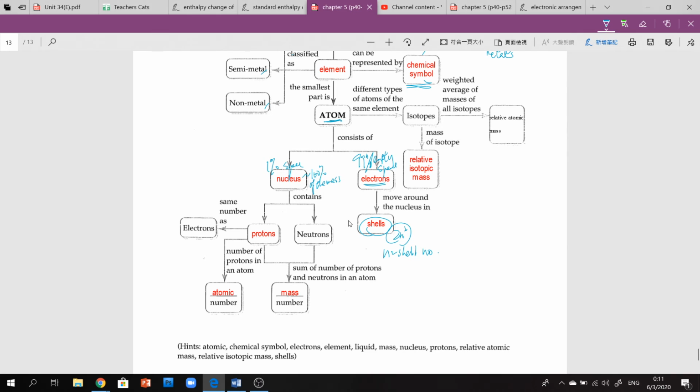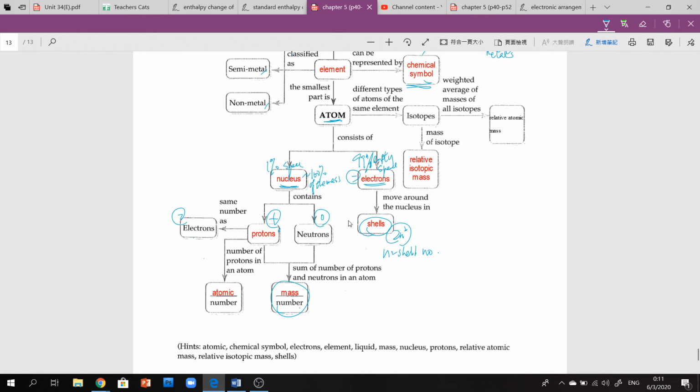The nucleus contains something positive and something neutral. Electrons are negative, orbiting around the positive part. So the number of protons equals the number of electrons, but the neutrons can be calculated. You check the mass number in the full atomic symbol.